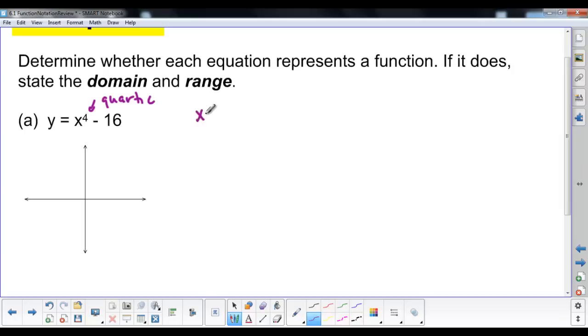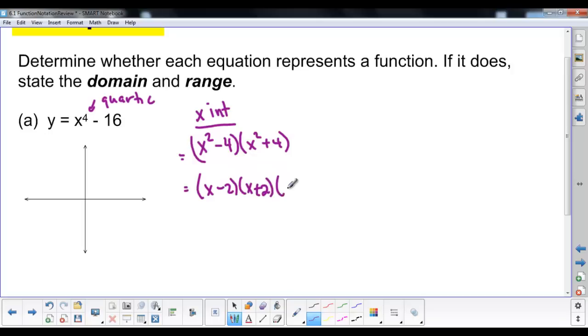To find our x-intercepts, I would factor, and I know that this is a difference of squares. I would have x squared minus 4 times x squared plus 4. If I break this down even further, I would have x minus 2, x plus 2, and then we'll leave the x squared plus 4 alone.